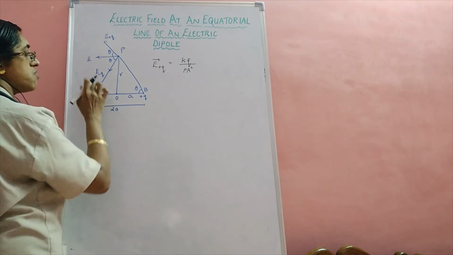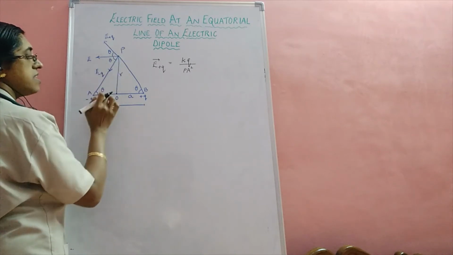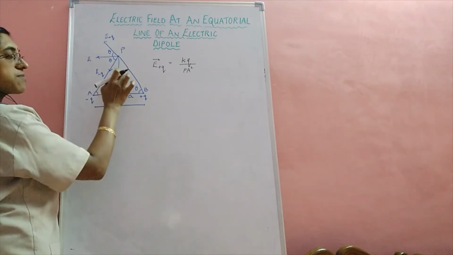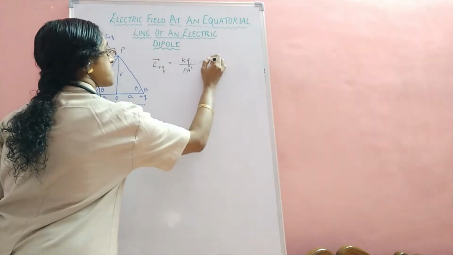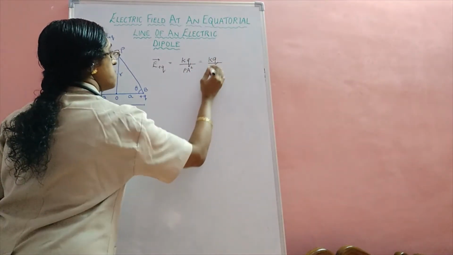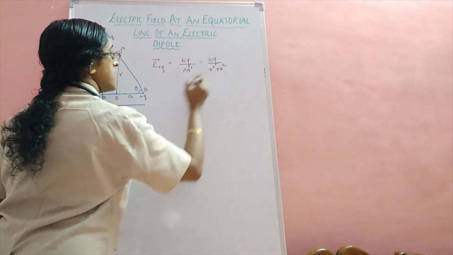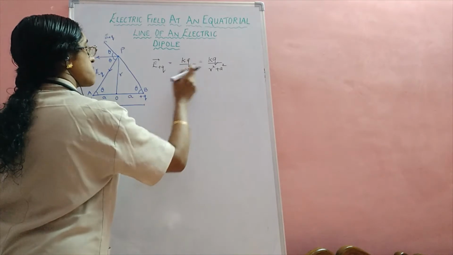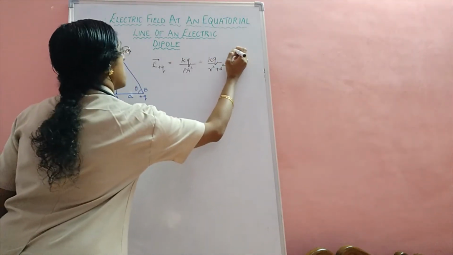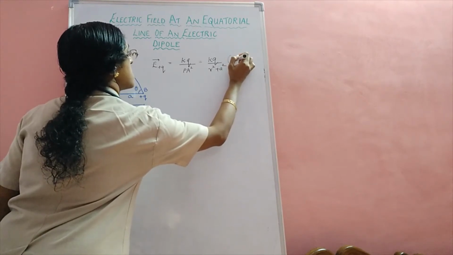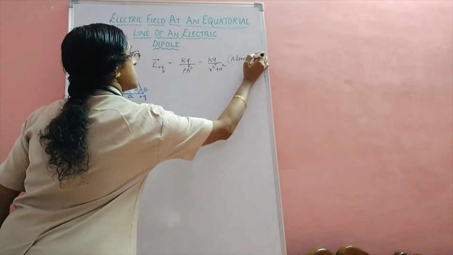By applying the Pythagoras theorem, PA would be the square root of a square plus r square. So I can write this as KQ upon r square plus a square. Since it is squared, the square root gets cancelled. The direction would be along BP.